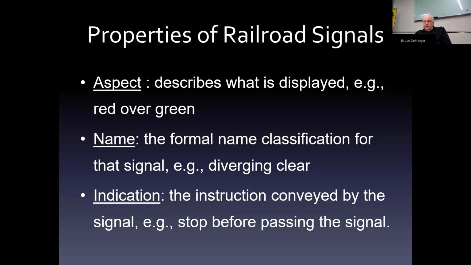The indication is the information that's conveyed by the signal, for example, stop before passing the signal. All of those things are put together in the engineer's mind, and by reading these signals, he's able to control his train according to the rules of operation.